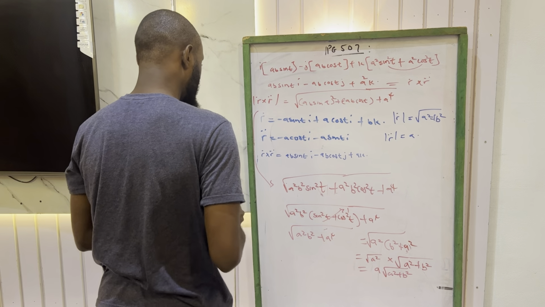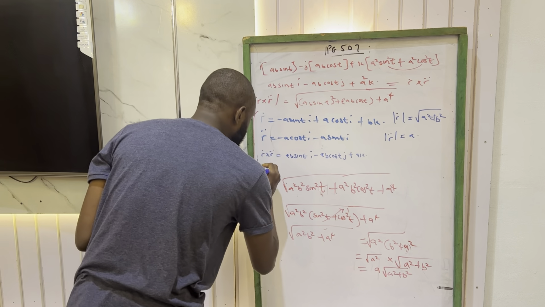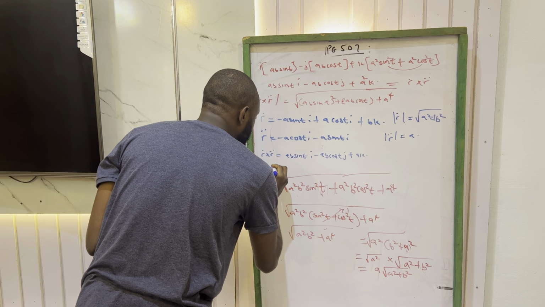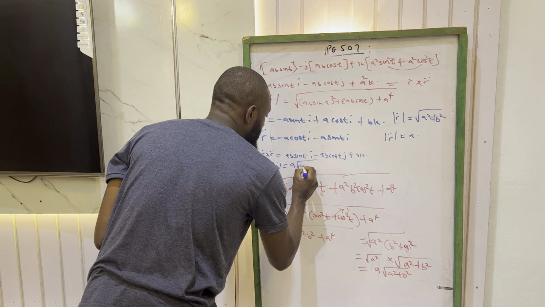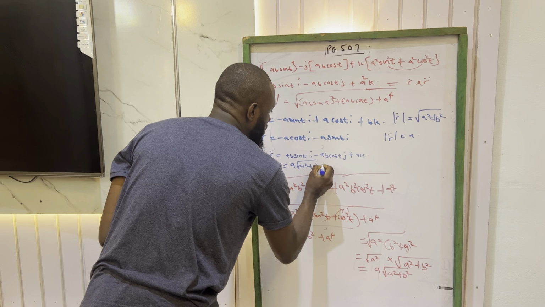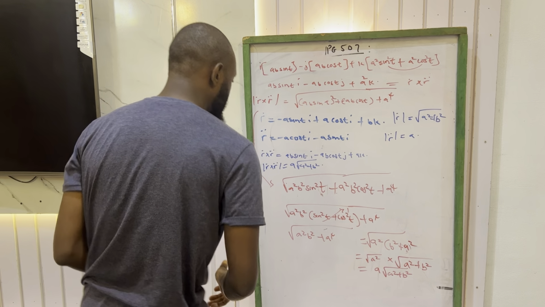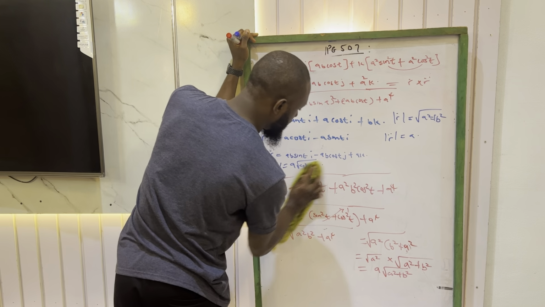So the magnitude of r' cross r'' is given by a square root of a squared plus b squared. So that's all we need for now.